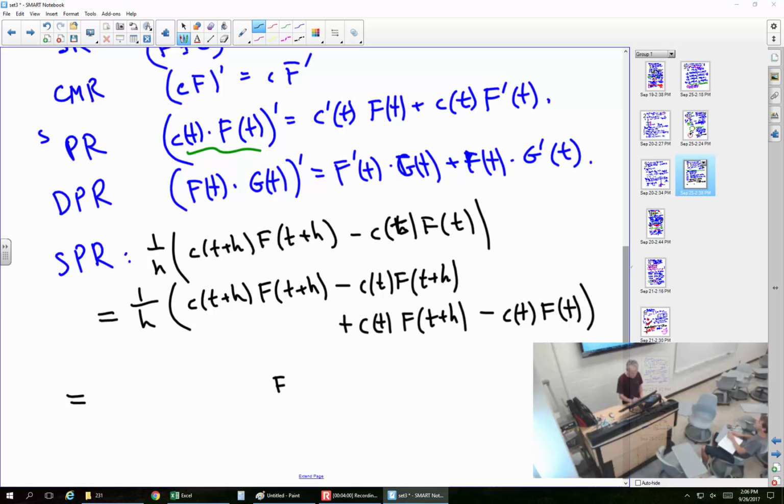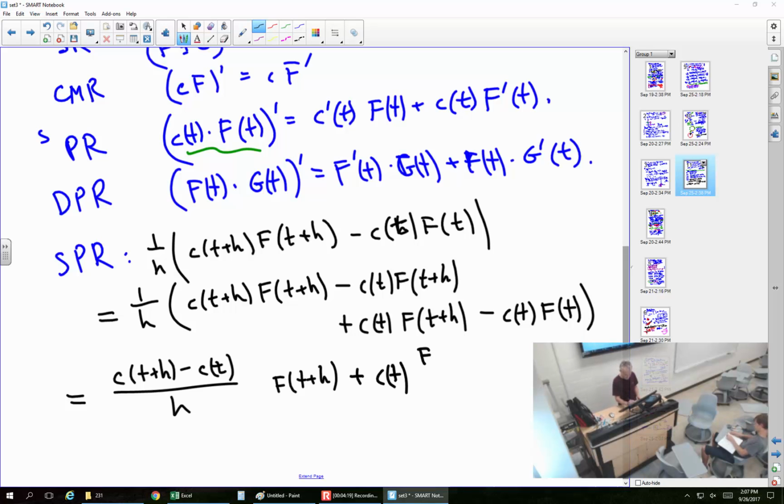So it will be f of t plus h, and here what I have is c of t plus h minus c of t over h. Okay, that's the first 2 terms in my expression, and then, this time I will factor out c of t, and I'm left with f of t plus h minus f of t over h.